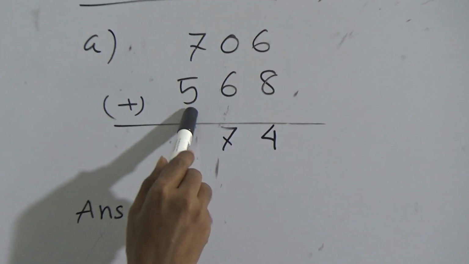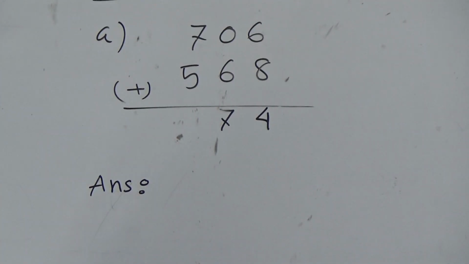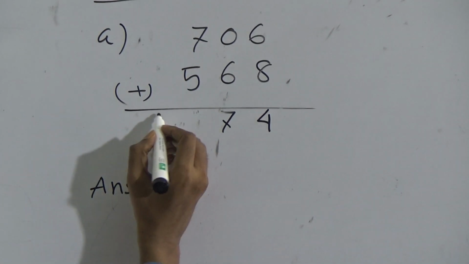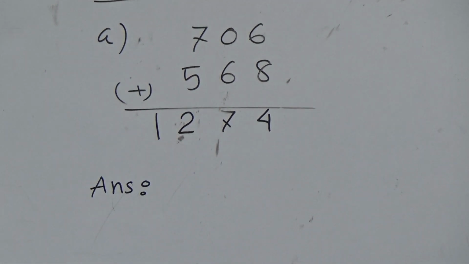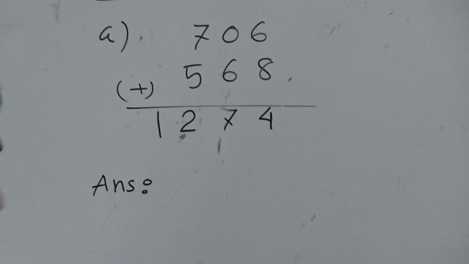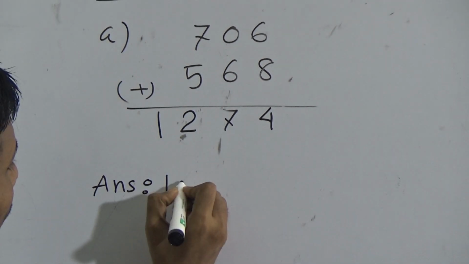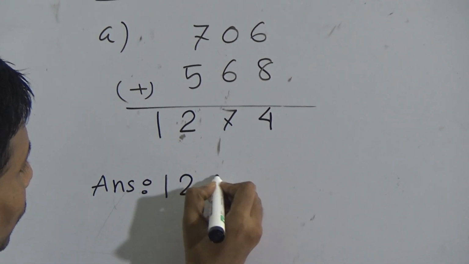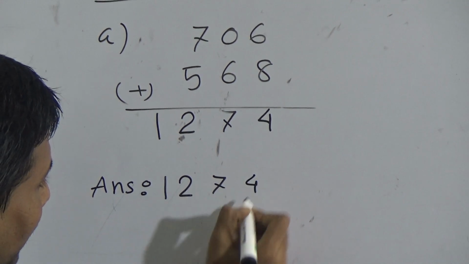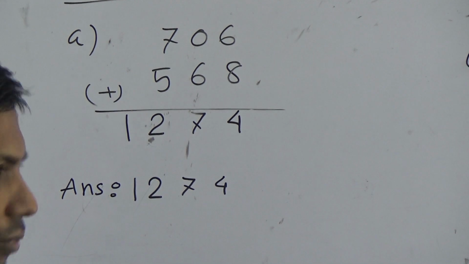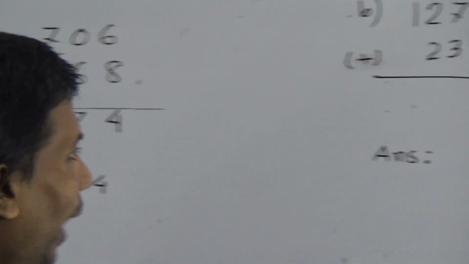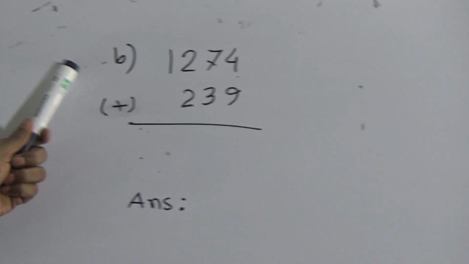That means 7 plus 5 equals 12. Now you have to write the answer: 1, 2, 7, 4. That means 1274. Now I will solve the B number question.